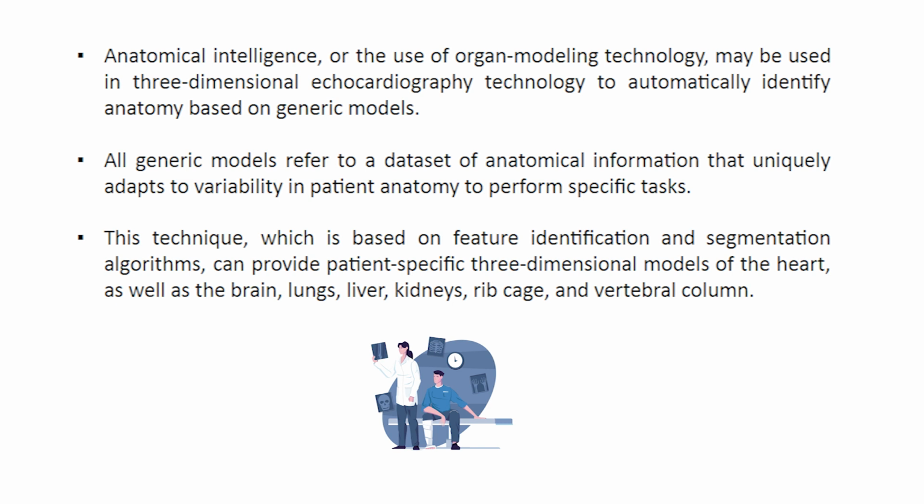This technique, which is based on feature identification and segmentation algorithms, can provide patient specific three-dimensional models of the heart as well as the brain, lungs, liver, kidneys, rib cage and vertebral column.